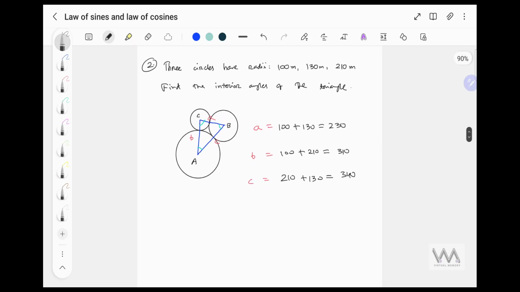Now we know all three sides of this triangle, and we can find the interior angles using law of cosines.